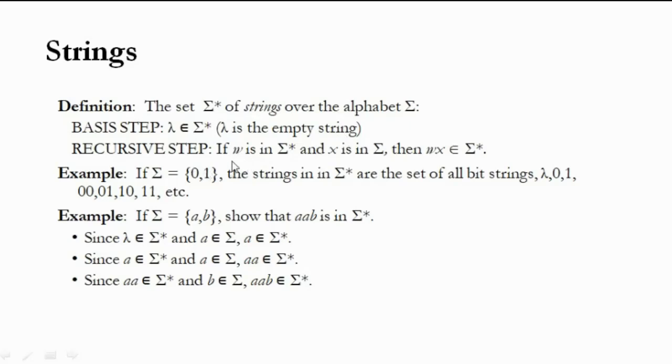Recursive step: if W is in sigma star and X is in sigma, then if you combine these two, the resultant string will be in sigma star. Clear? That means you are taking a string that belongs to sigma star and you are taking another character which belongs to sigma.